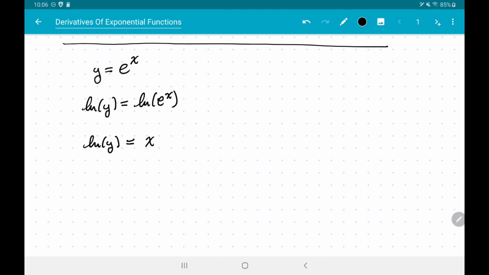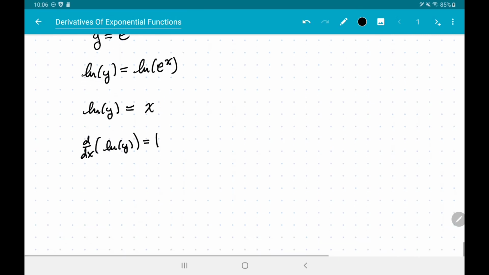Now I'm going to take the derivative of both sides with respect to x. This is going to be a little funny looking at first. I get 1 on the right because the derivative with respect to x of plain old x is just 1. But now I can do this. Derivative of ln of stuff is 1 over the stuff, which in this case is y, times the derivative of the stuff, which is dy over dx.